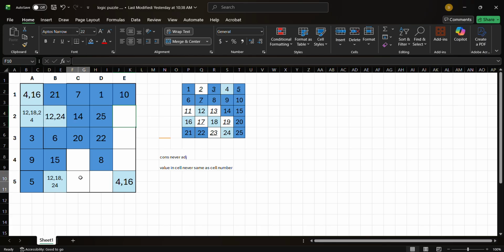Yep. Now, just before we move on from this cell number thing, let me just go through one more time, see what else is left. So we've put in the values 1 through 22. Now, so that is not 23.